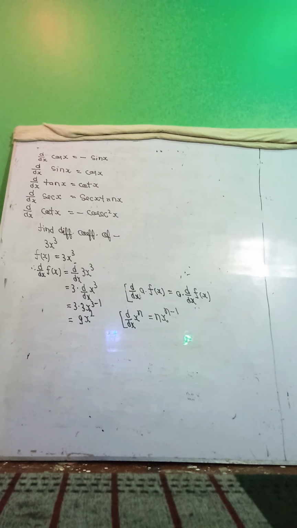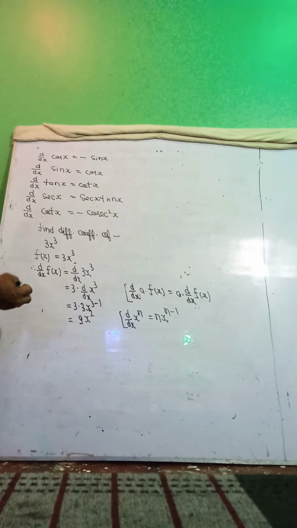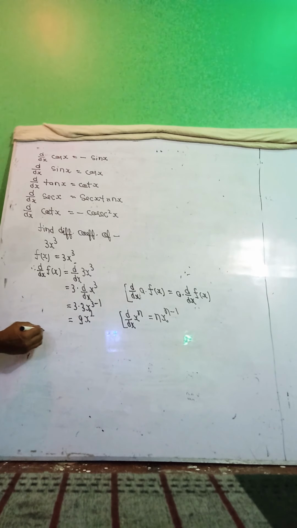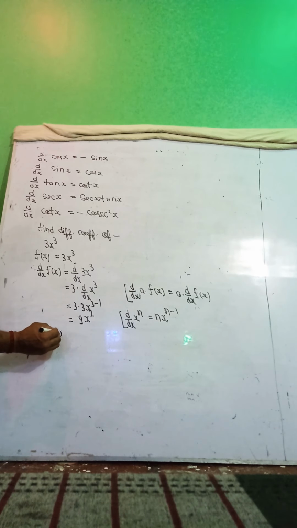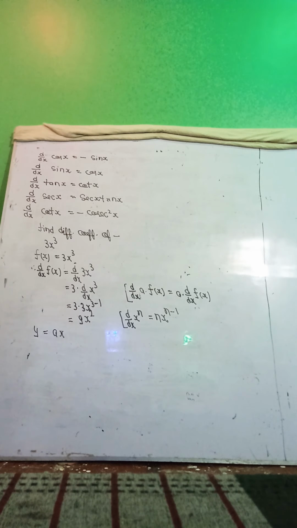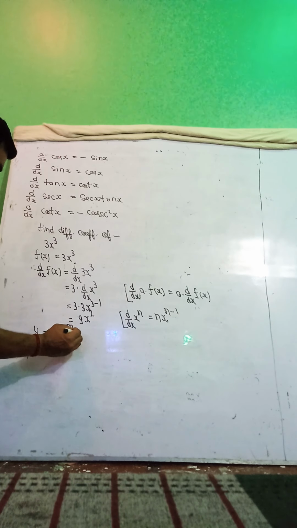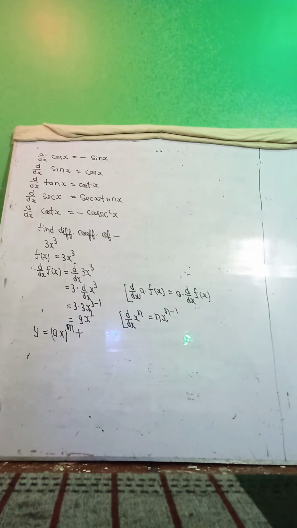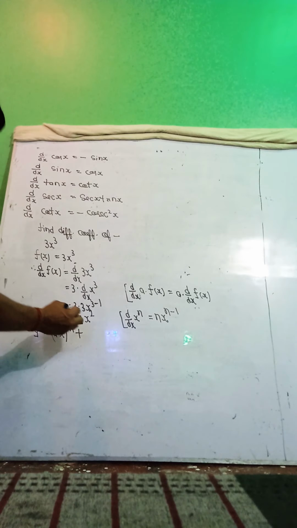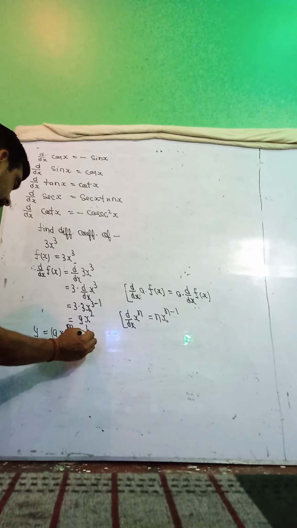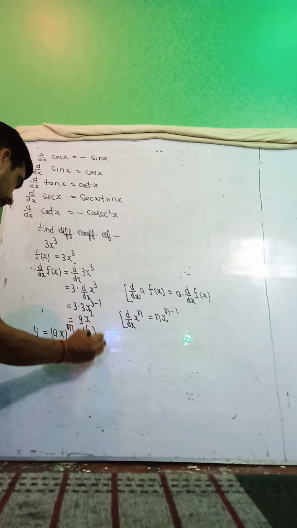Similarly, next is the example y equal (ax) whole power m plus (b by x) whole power n.